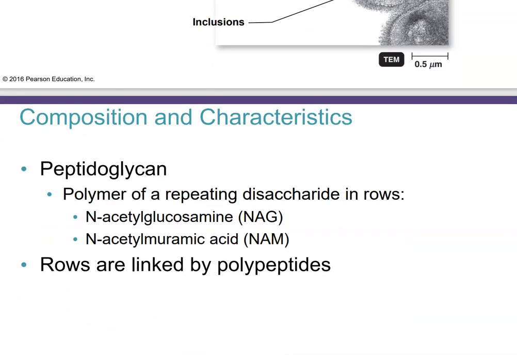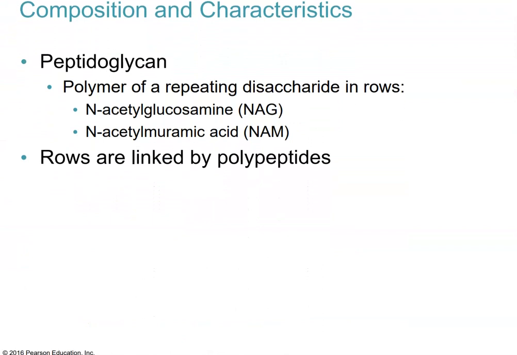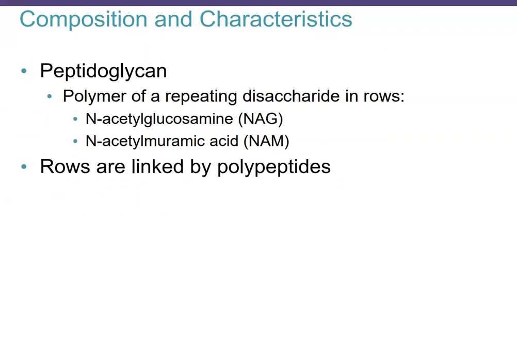Now, let's take a look at the composition and the characteristics of the prokaryotic cell wall. Again, I'm focusing here strictly on the eubacteria. The archaea are completely different. For eubacteria, we have this peptidoglycan cell wall, and it is a polymer of repeating disaccharides. In the previous lecture, we learned what monosaccharides and disaccharides are. These are carbohydrates. Monosaccharides are simple building blocks, and if you put two of them together, you have a disaccharide.